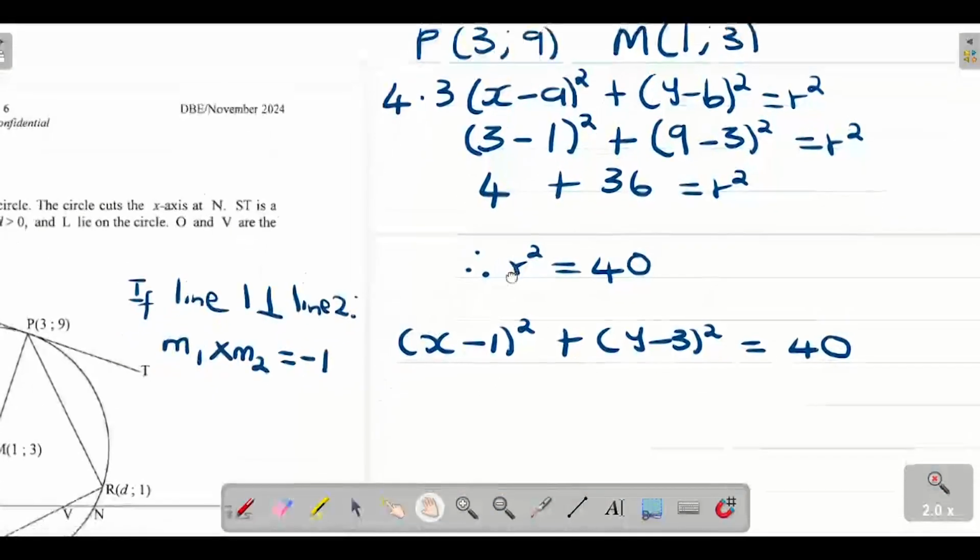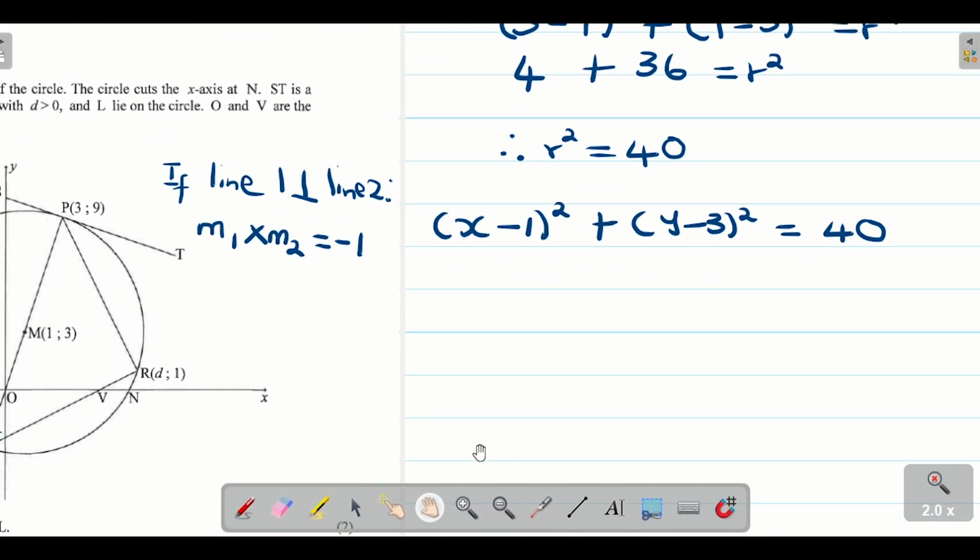And then from here, we are going to expand the brackets and simplify. So x minus 1 squared, we know that means you have 2 brackets, which is x minus 1, x minus 1. So x times x will give you x squared. x times negative 1 will give you negative x. Negative 1 times x, you'll get another negative x.